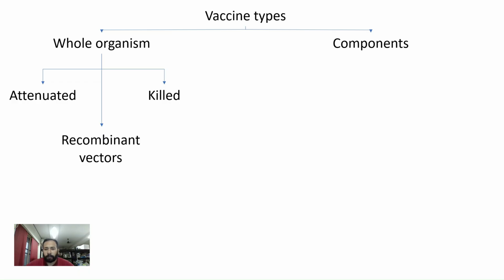Now, moving on to component vaccines. So, first type of the component vaccines is toxoids. Some of the bacteria produce exotoxins, and in the toxoids, these toxins are purified and they are heat inactivated to produce toxoids, which can be directly used as vaccines.